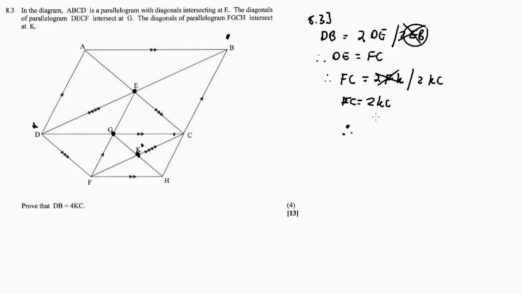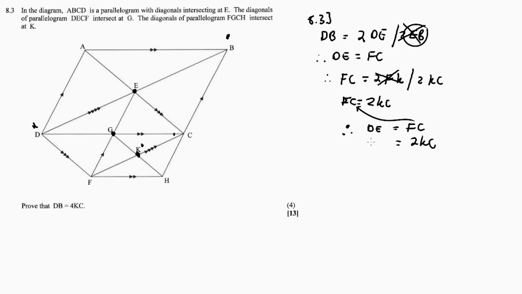Look, DE is equal to FC, and FC I can see is equal to 2KC. Therefore DE is also equal to 2KC, right? It's like you create a link first, then we go back and substitute.